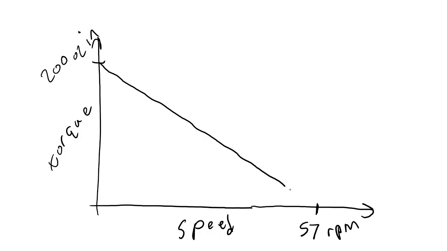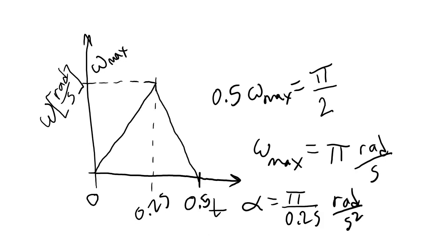We don't actually know what path this line takes between the stall torque and the no-load speed, but it's safe to assume it's a straight line because it won't be less than a straight line, although it might be more. The amount of torque that we need is 140 ounce-inches. But at what speed do we need this torque? Omega max we calculated to be pi radians per second.